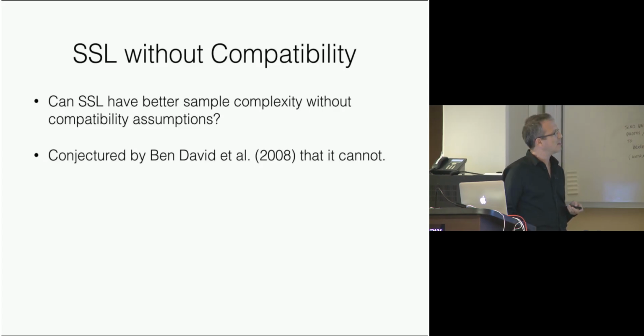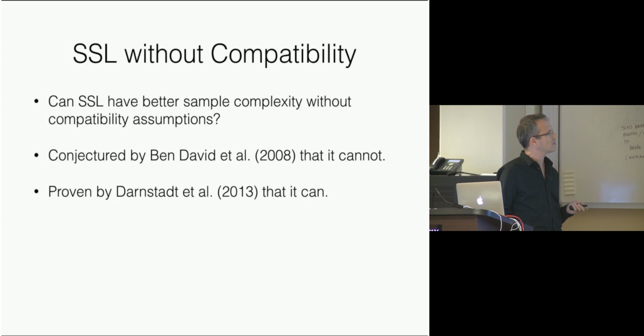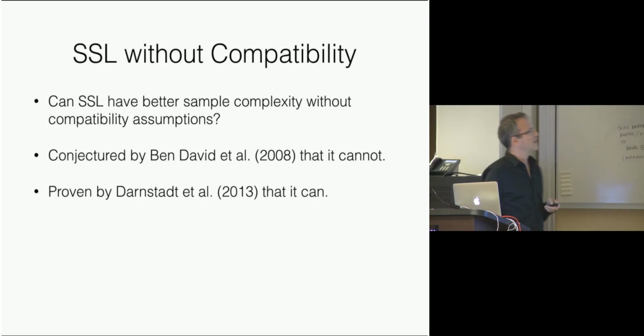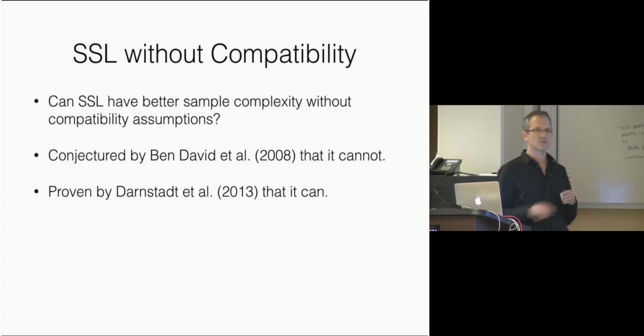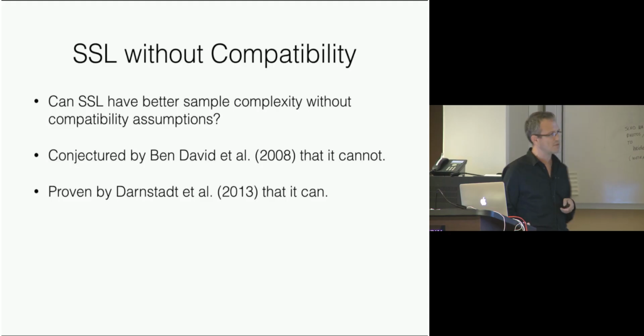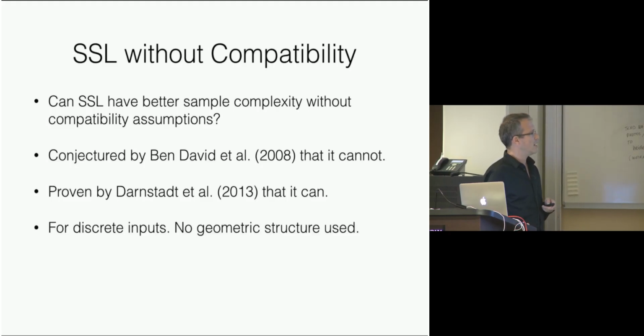But it was shown in 2013 by Darnstadt and colleagues that semi-supervised learning can help, even without compatibility. They showed a nice example for discrete inputs where there was no compatibility, but there was still a sample complexity gap between supervised and semi-supervised learning.